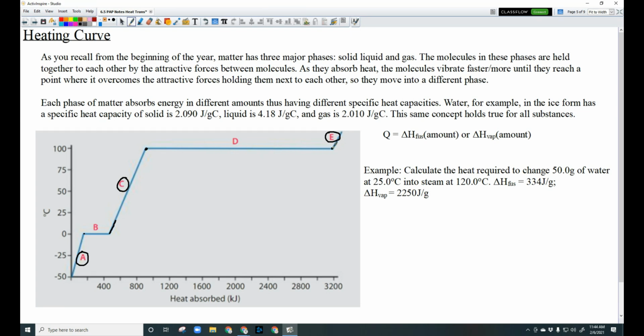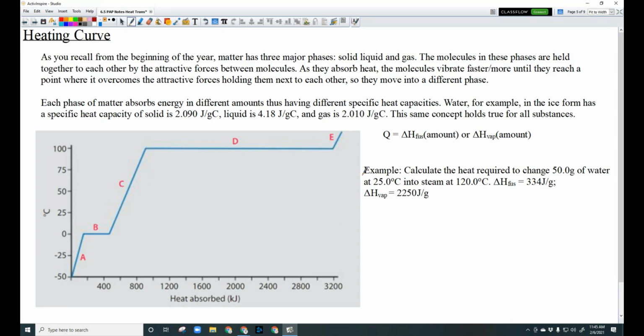Once every molecule has changed from liquid to gas, so it's all steam, then this segment E is the gas, or steam, heating up again. This is what's called the heating curve of water. Every substance has a heating curve that has 3 sloped areas and 2 flat areas. It just may be longer or shorter in different segments.